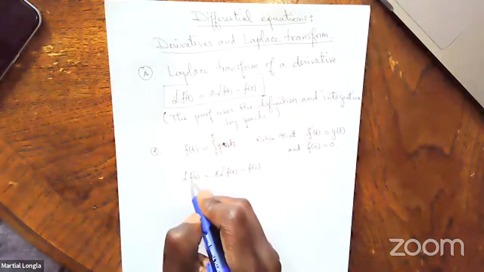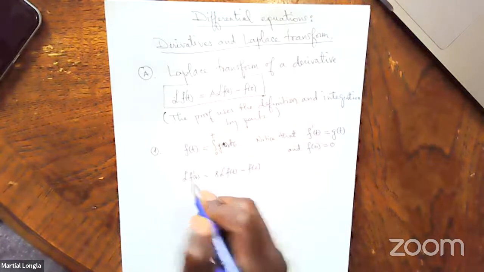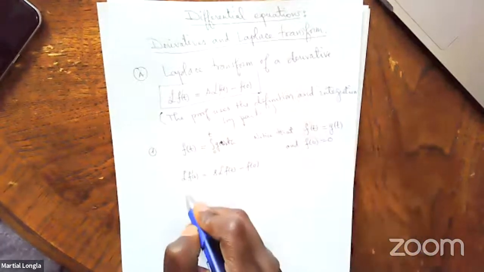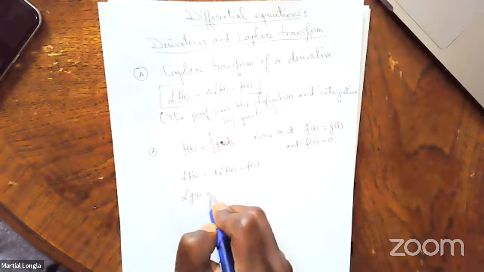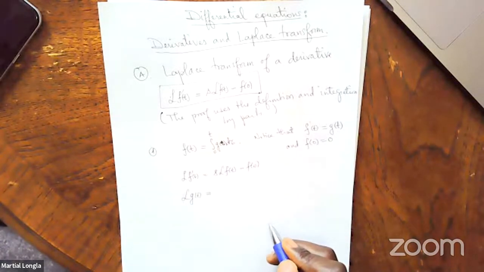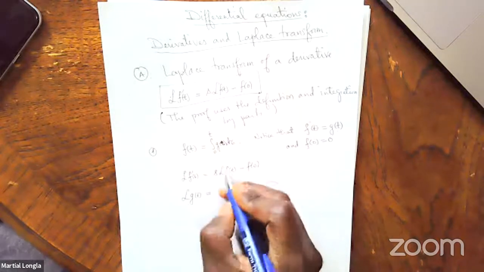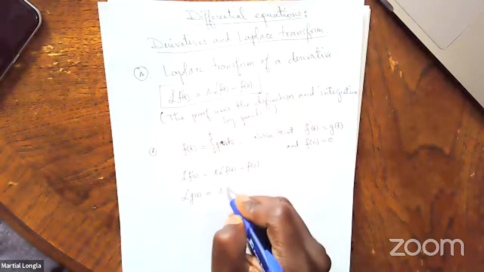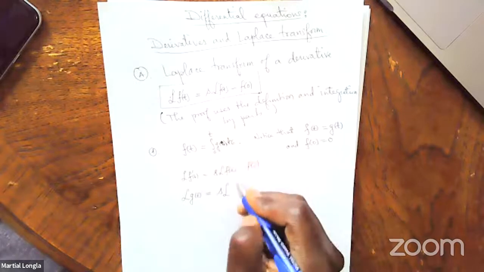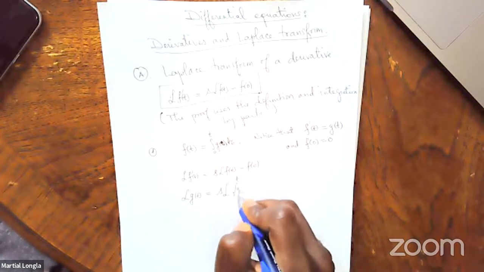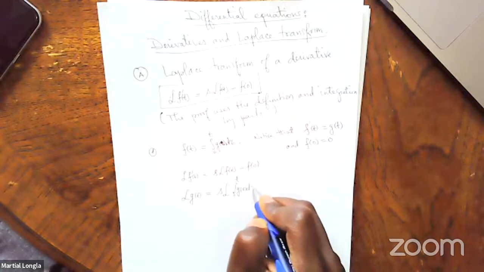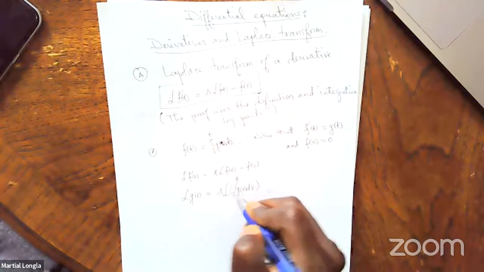F prime of t is g of t. So the Laplace transform of g of t equals s times the Laplace transform of f of t, which is the integral from 0 to t of g of tau d tau.